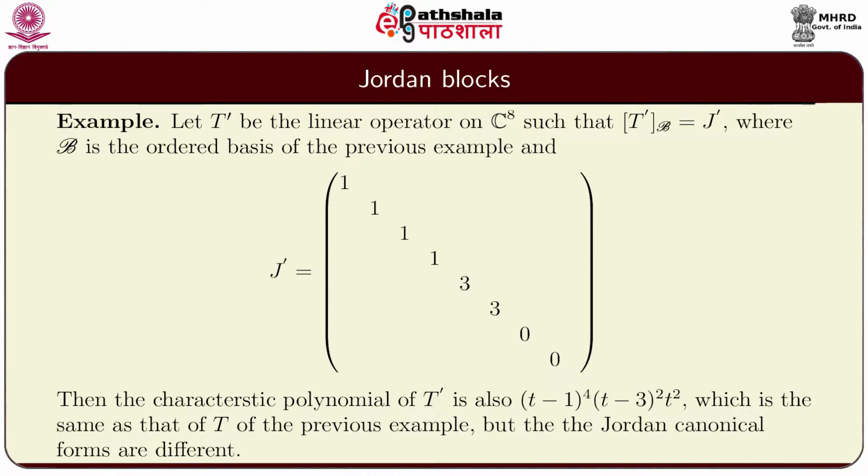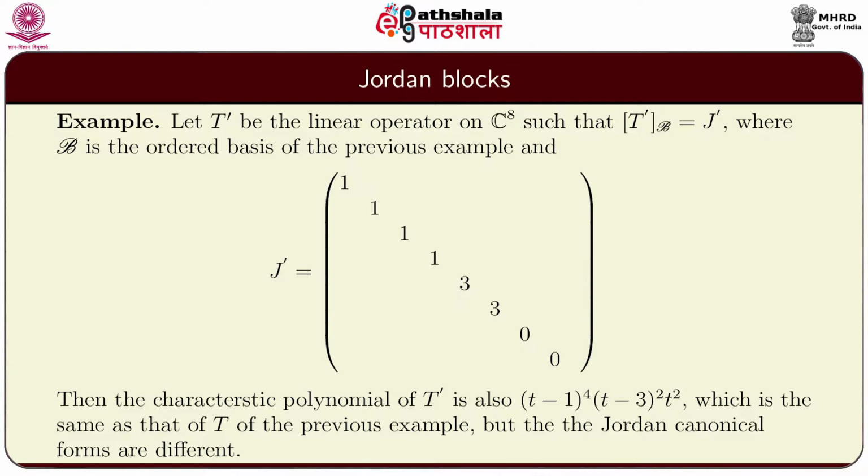Let T dash be the linear operator on C8 such that the matrix representation of T dash with respect to the basis B is J dash, where B is the ordered basis of the previous example and J dash is in the diagonal form, where you see these 4 1s, then 2 3s and 2 zeros. All other off diagonal entries are 0.